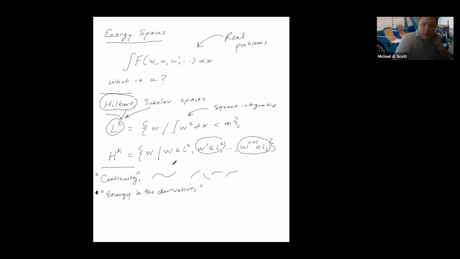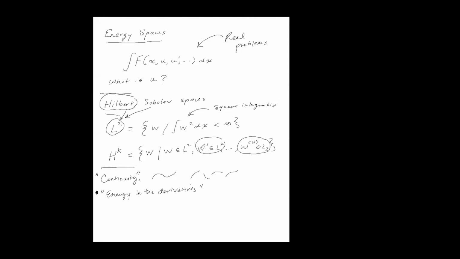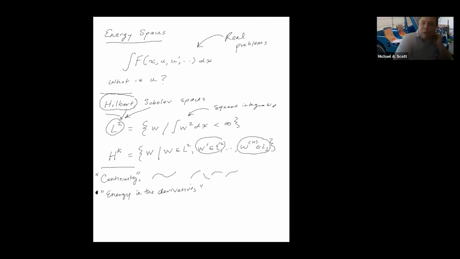Notice also that now when we are saying a derivative, W prime, no longer does W prime have to be in some C1 space, like the space of continuously differentiable functions.